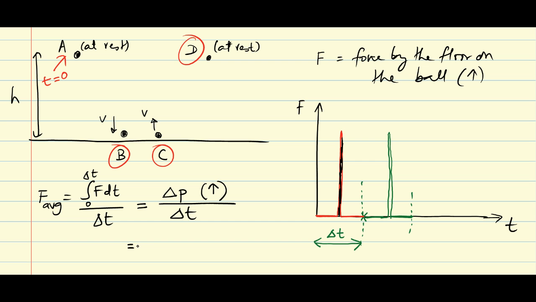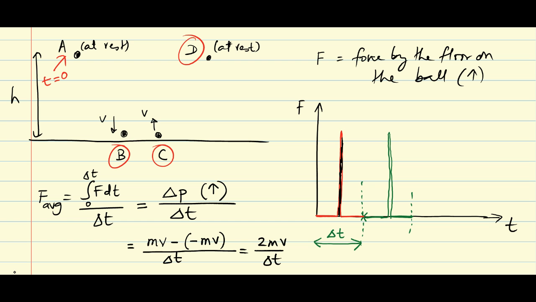And the change in the momentum is the final momentum. Remember, we have taken upward positive, and the velocity after the collision is v in the upward direction, so the momentum must be plus mv minus the initial momentum, which is mv in the downward direction, so minus of minus mv, divided by delta t. So you get 2mv divided by delta t.